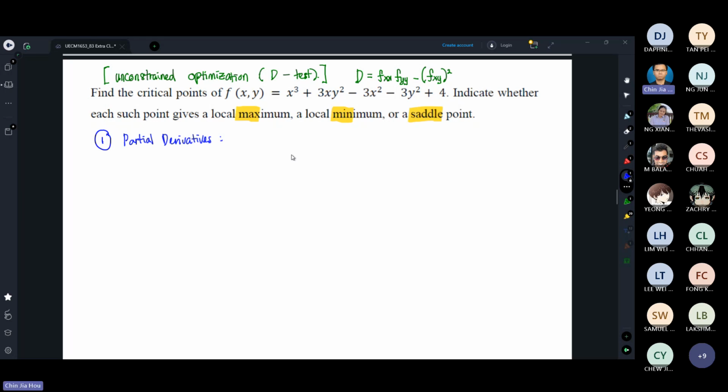Maybe the question doesn't use x and y; m and n, p and q is fine, as long as you know how many independent variables there are, it is good enough.